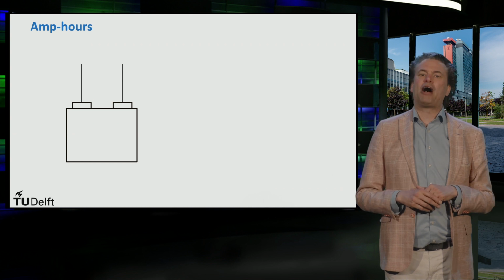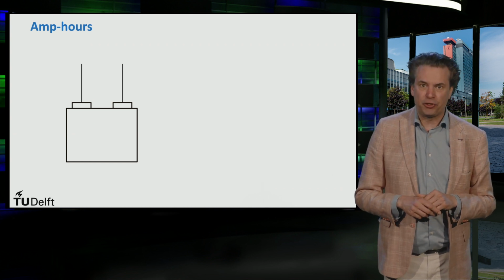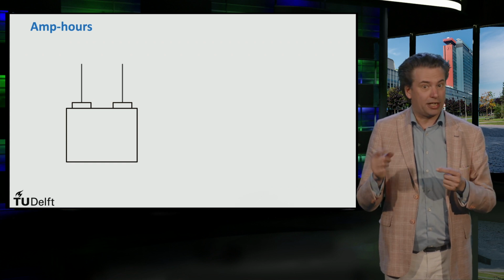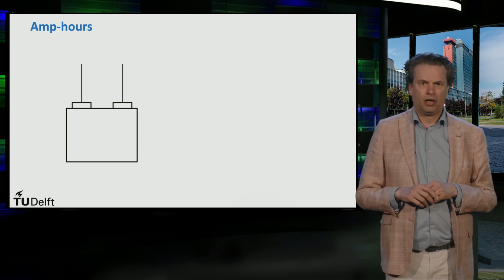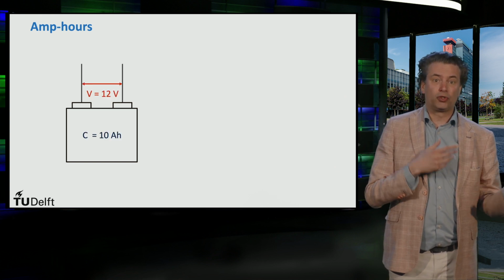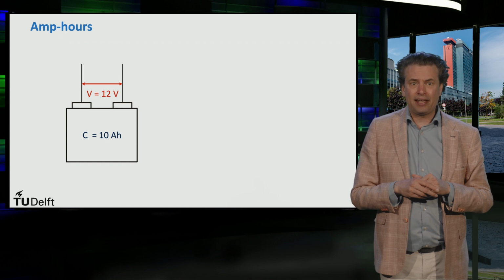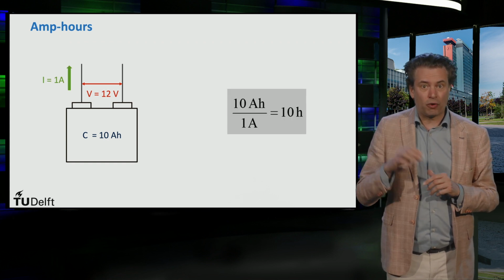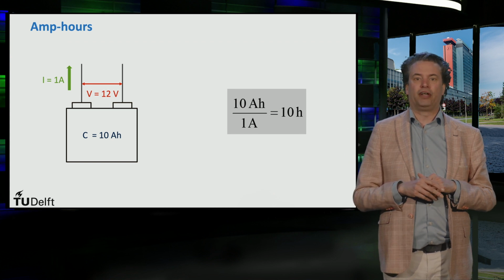For batteries, amp hour is the more convenient unit because in the field of electricity, the amount of energy is usually measured in watt hours. For example, a 10 amp hour 12 volt battery can deliver 1 amp for 10 hours at a voltage of 12 volts.